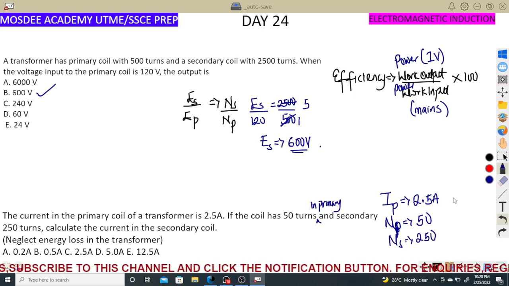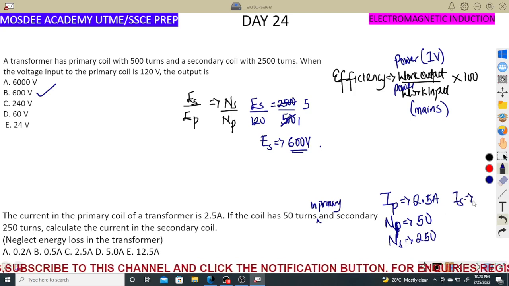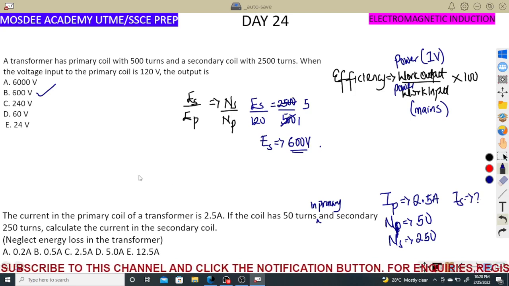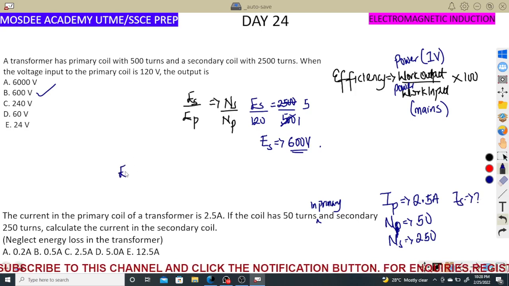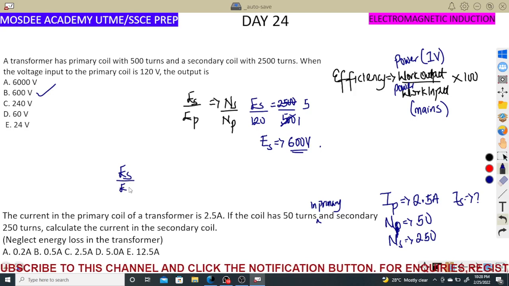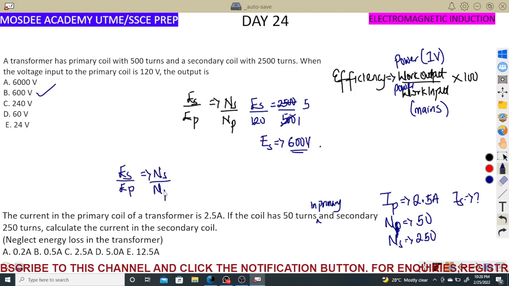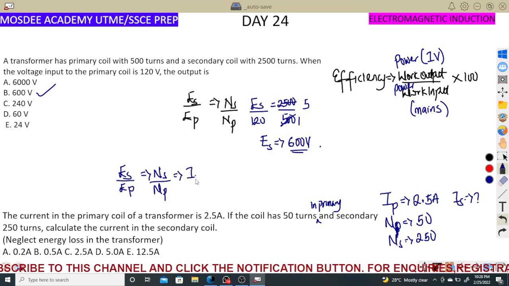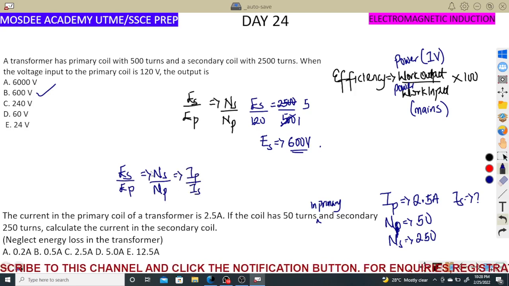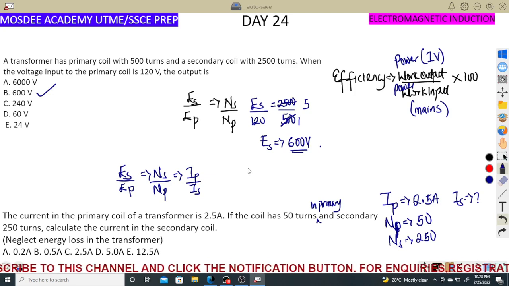The current in secondary, IS, is what? Direct application of the formula I told you: ES over EP equals NS over NP equals IP over IS. So use the last two to solve your question.